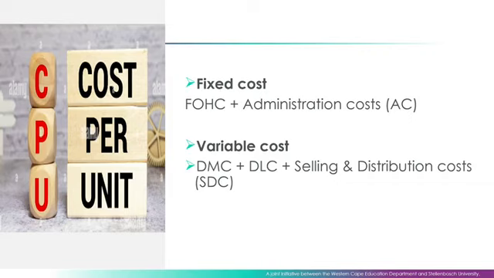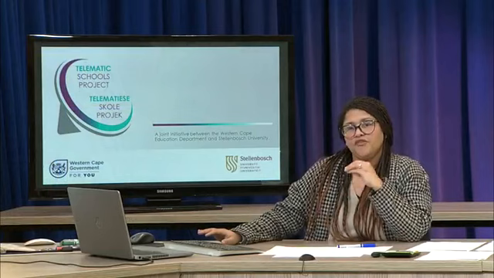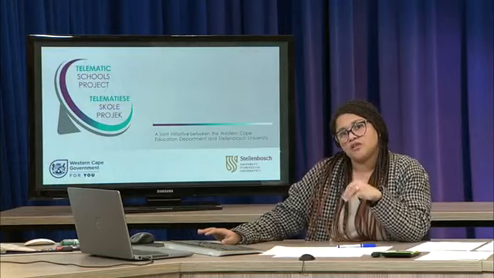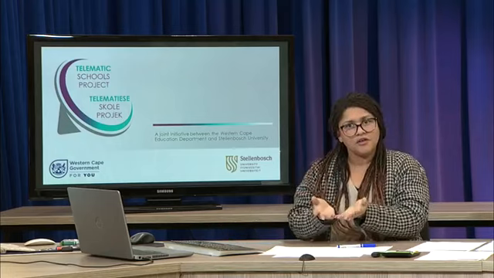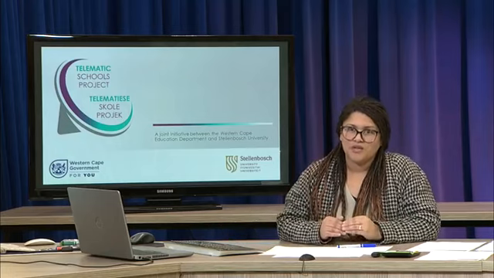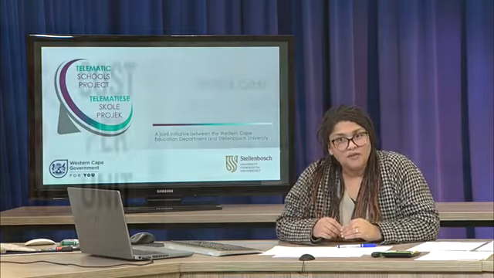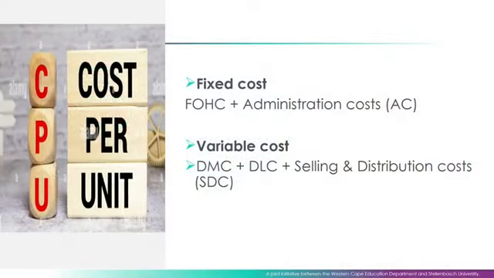And then we have variable costs we spoke of, which is your DMC, direct material, direct labor costs, and your selling and distribution, SDC. All of this you have in your notes. I'm just going through it with you. And how do you calculate the cost per unit? If you want to calculate fixed cost per unit, you take your total fixed cost divided by the number of units produced. Or if you want to calculate your variable cost, you take your total variable cost divided by the number of units produced.